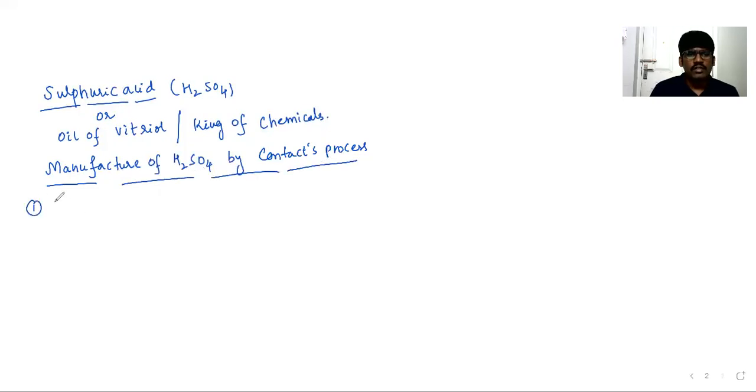So it involves various steps. The first step is the formation of sulfur dioxide. It can be done by heating sulfur in the presence of oxygen, which gives you sulfur dioxide.